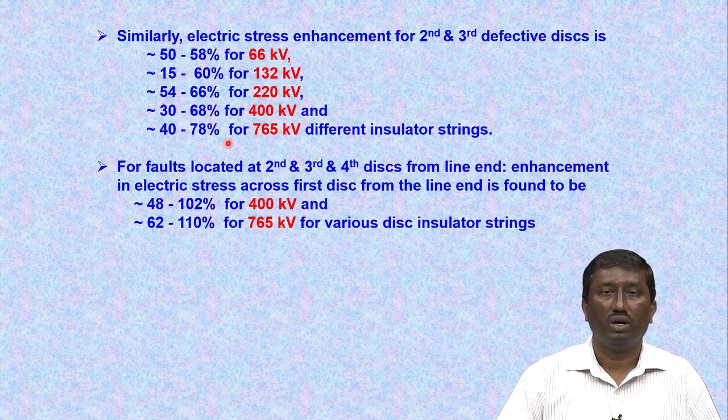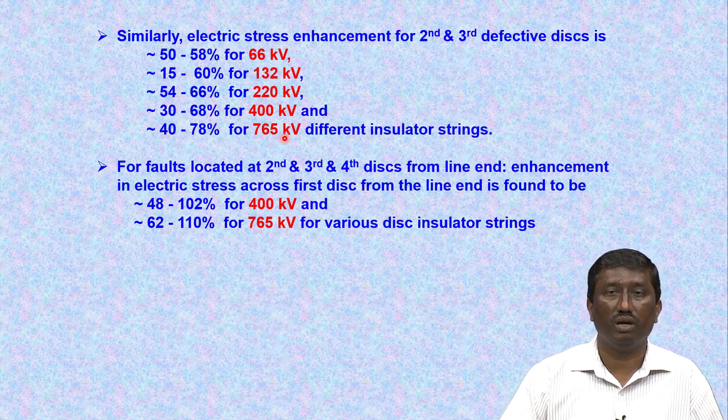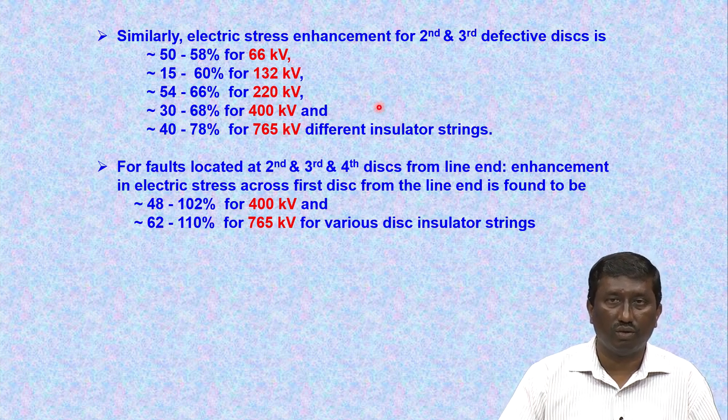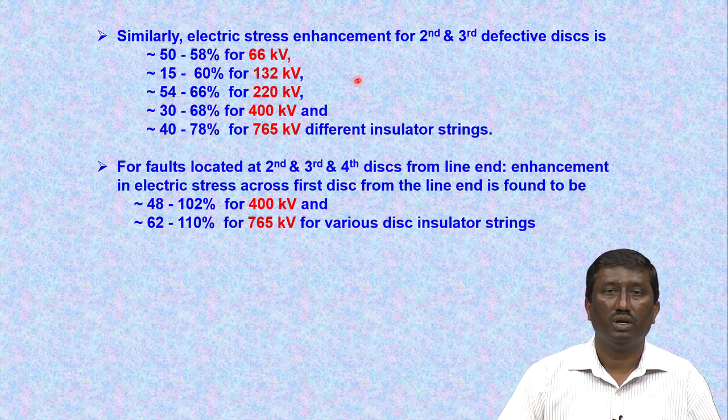This goes up to 78% in case of ultra high voltage. So, a very important point: if there are failure or fault locations which are observed, the adjacent insulator sees an increase of 78%, which is not advisable for a longer period. The utility engineers have to be immediately cautioned and see that the changes are made.